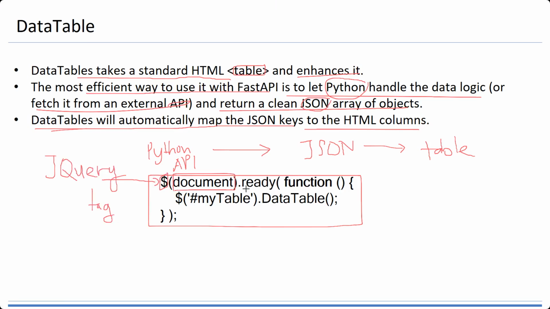And if the document is ready, then I will run this function on my table. If you still remember, this is the jQuery command. This is the jQuery tag, and then the hash. What is the hash? This represents the ID. So the ID in your HTML file is myTable. So you just put all the data into myTable.